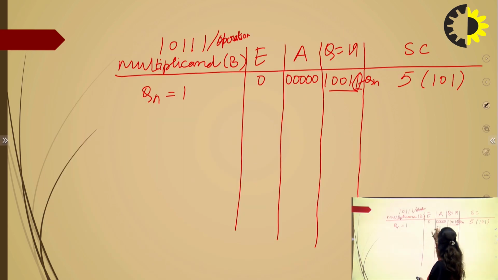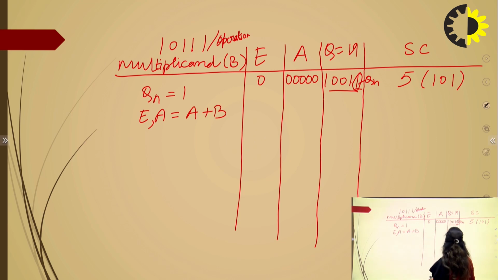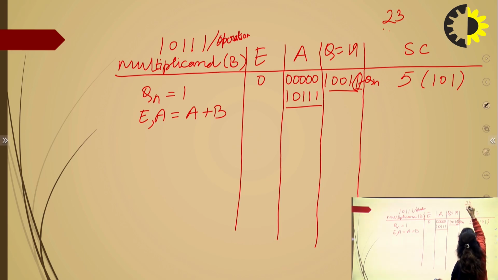Okay, so what we will do now, EA equals A plus B. So this operation needs to be performed. Here, this is Q, this is A, and this is your B. So here we are writing this 10111, that is the value of B. And what we are doing, we are multiplying 23 into 19. 23 is equal to 10111, and 19 is equal to 10011.